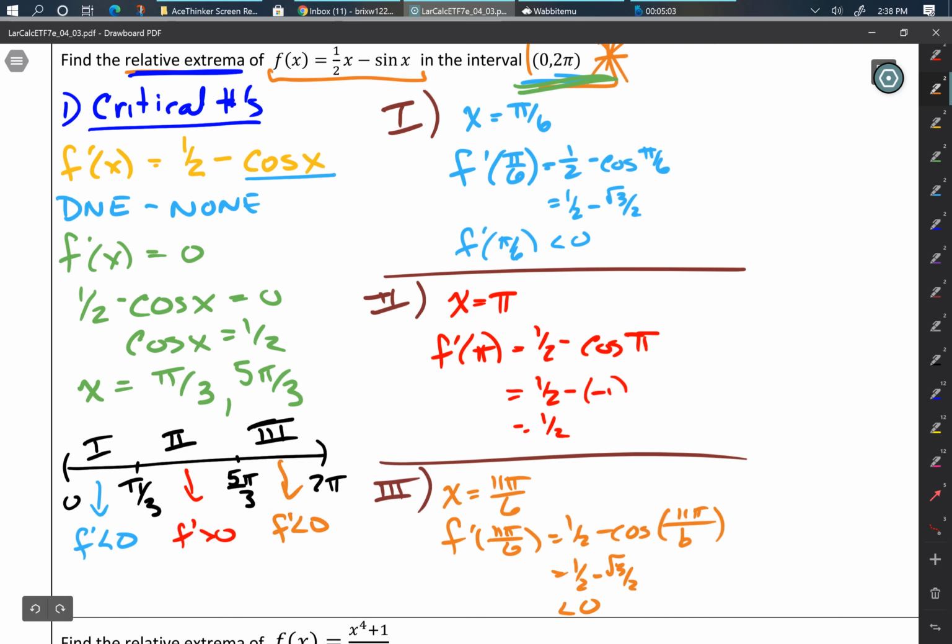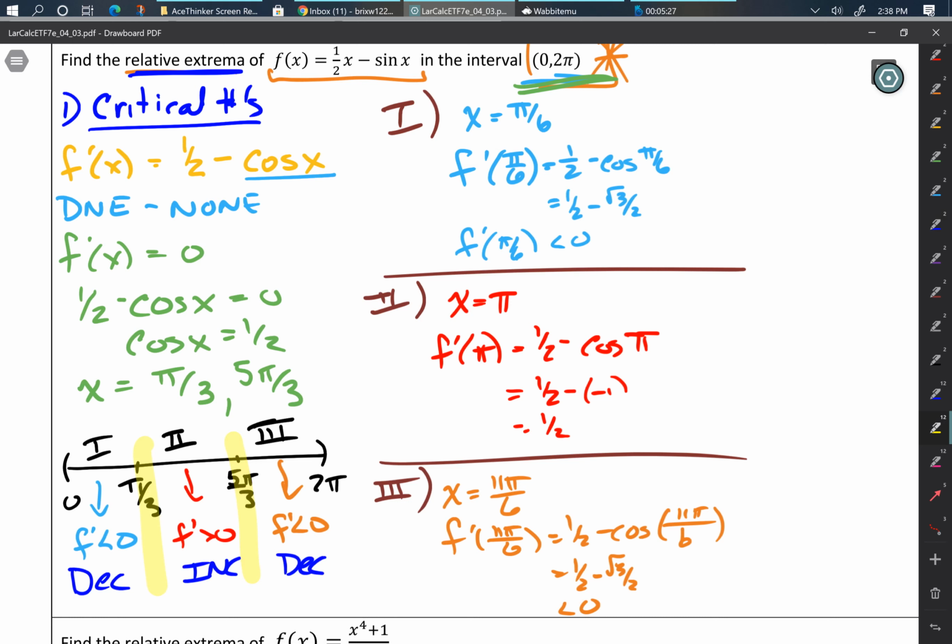Right? So now what I need to do is take what I just found and interpret it. So it looks to me, and help me out here, just to make sure I'm understanding it, this is decreasing, this is increasing, and this is decreasing. So what's happening at these two critical values?